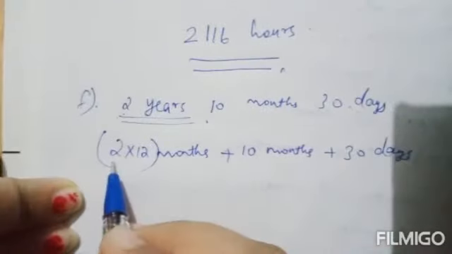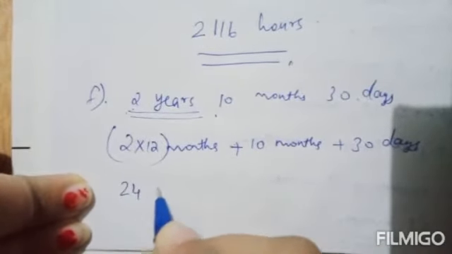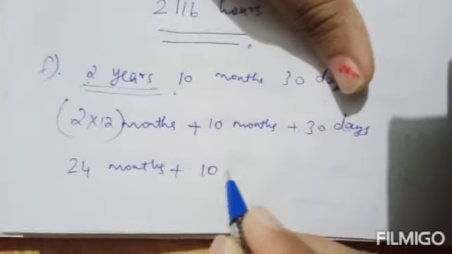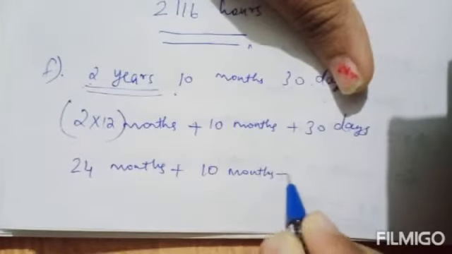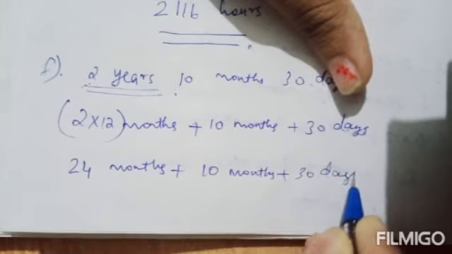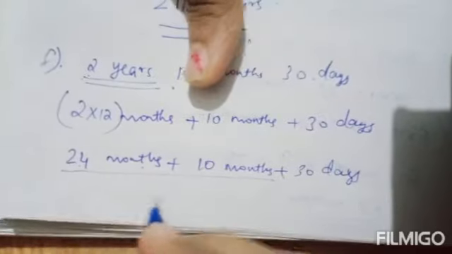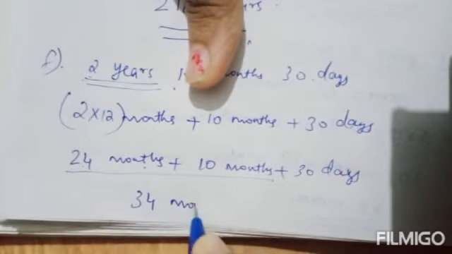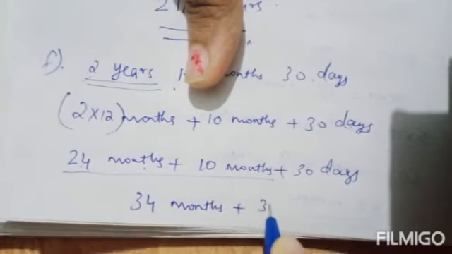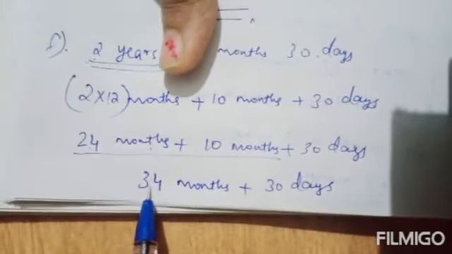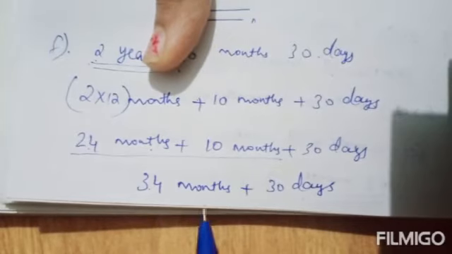Now 2 into 12 is 24 months plus 10 months plus 30 days. Now 24 months plus 10 months we can add. So you will get 34 months plus 30 days. Now this 34 months we can convert to days.